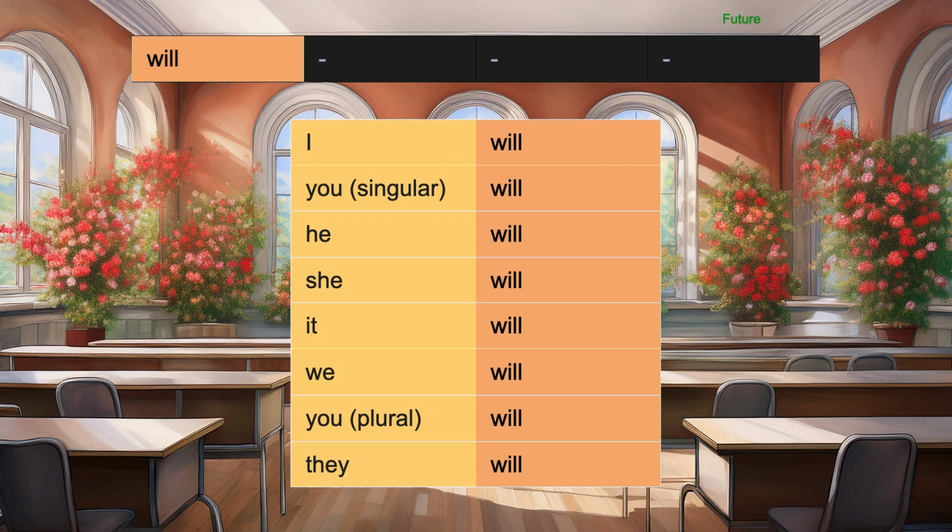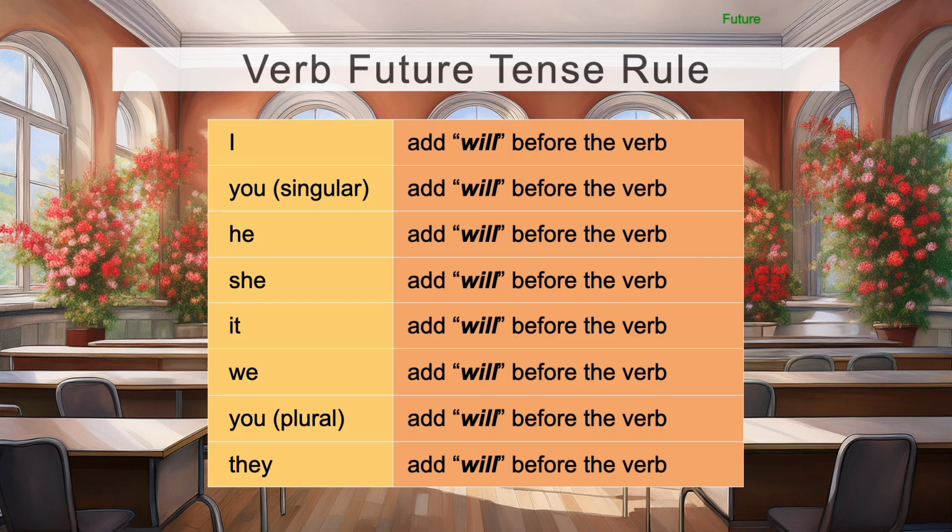She will. It will. We will. You will. They will. Also remember, after you use will, you have to put the verb that indicates what happens in the future. Go back and review lesson 7.5 if you're not sure how to use the verb will.